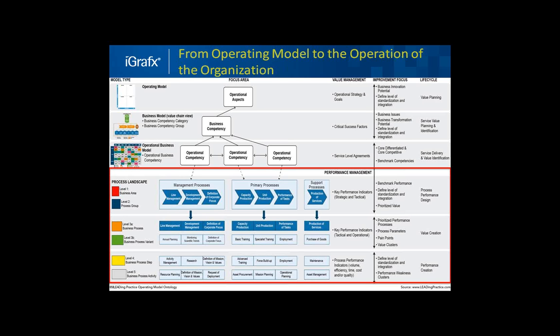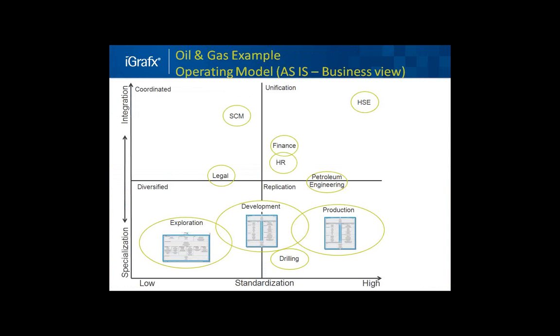So if we take a look at how these operate within the process and how these operations need to be executed, here's an example. This is an as-is business view. So health, safety, and environment needs to be very integrated and very standardized.